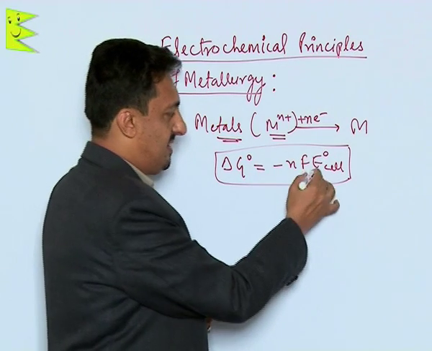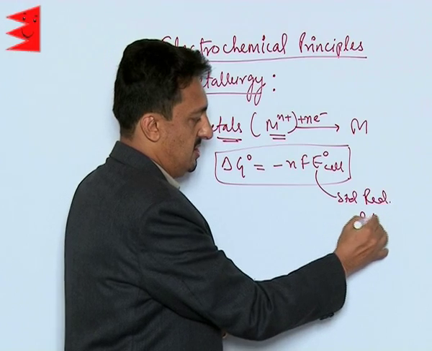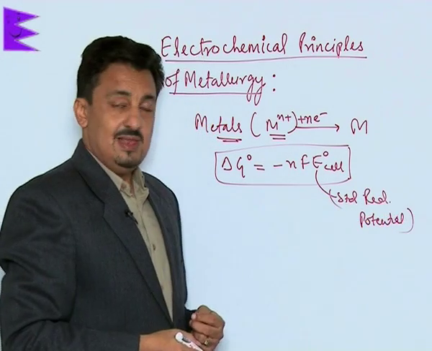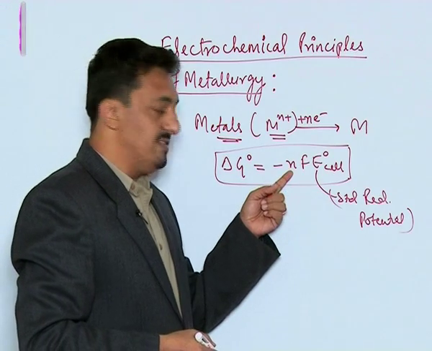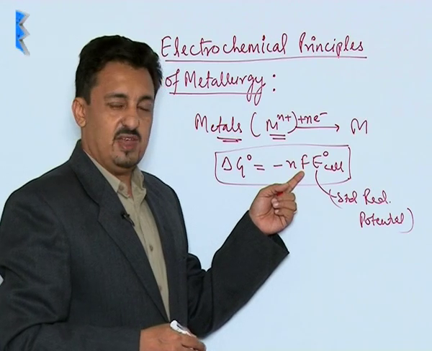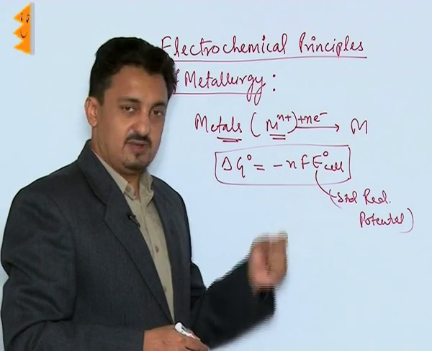Here we will take the standard reduction potential. We have done this relationship in the electrochemistry chapter. We know n is the number of electrons exchanged, F is Faraday's constant, 96500 coulombs, and E naught is the standard reduction potential.